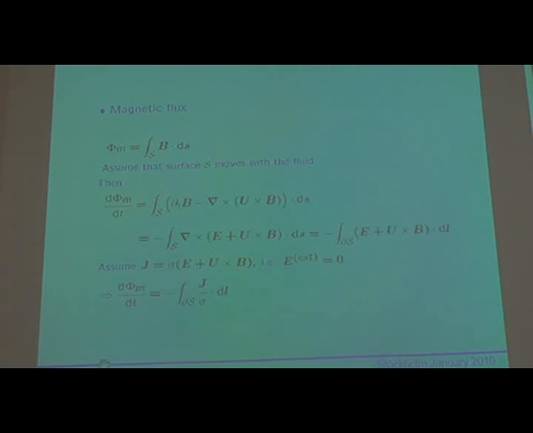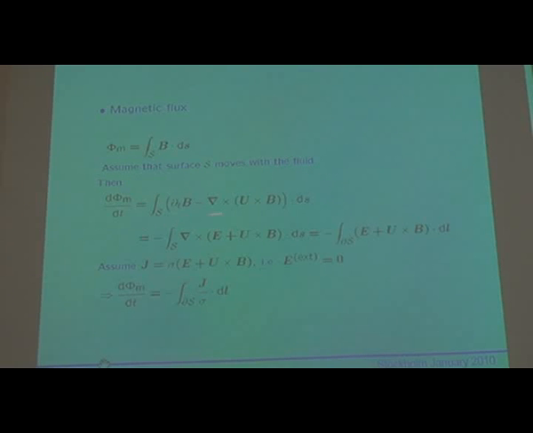This magnetic flux can change in time for two reasons. First, because B changes, and second, if you assume that the surface moves with the fluid, it can change because of this motion.